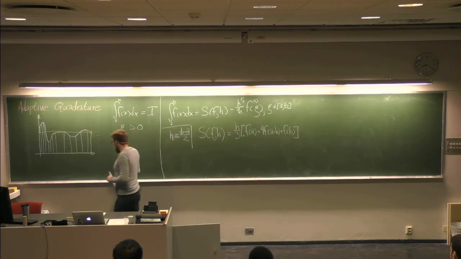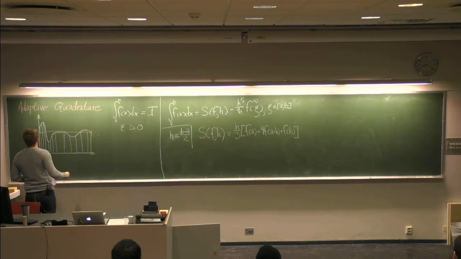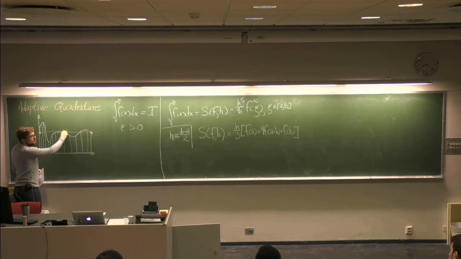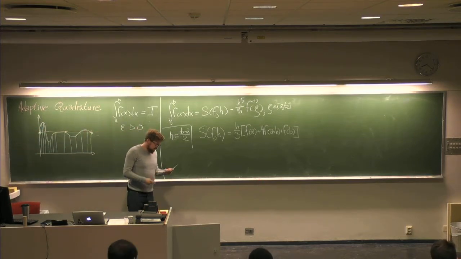So you can see we have just evaluated the function at 3 points: the endpoints, this is a, this is b, and then some kind of point in the middle, which we can call either a plus h or just c. So that's our first approximation of this integral.